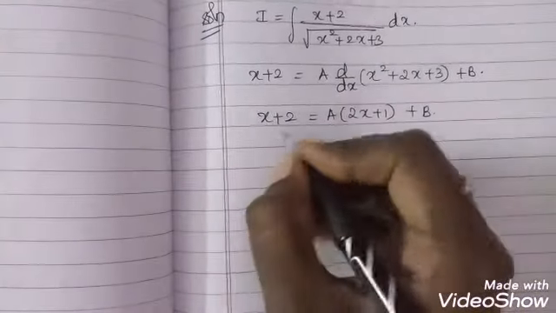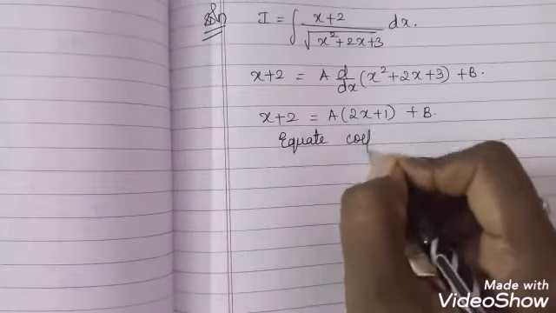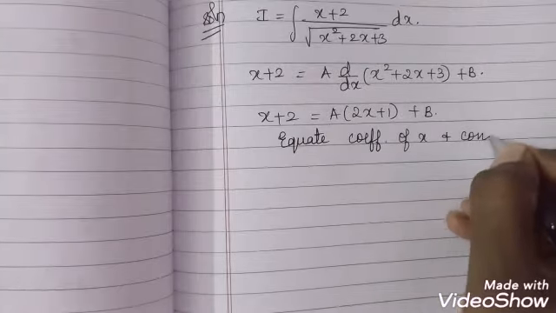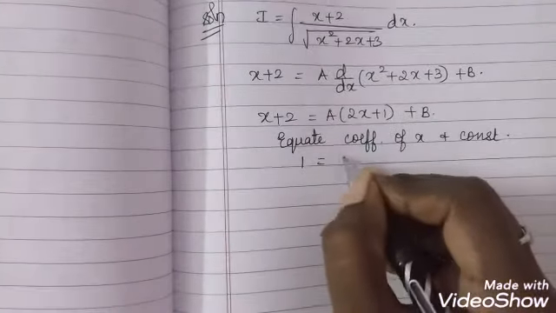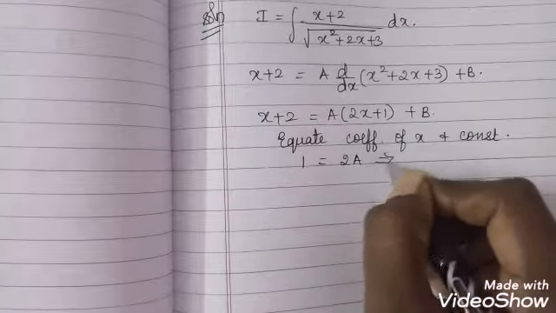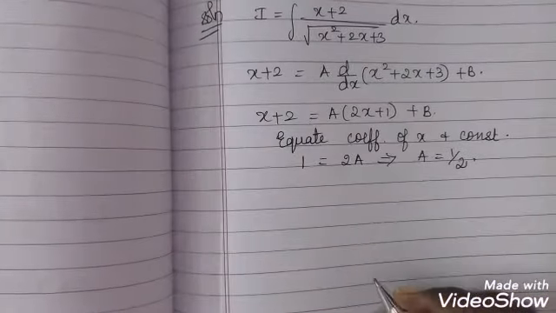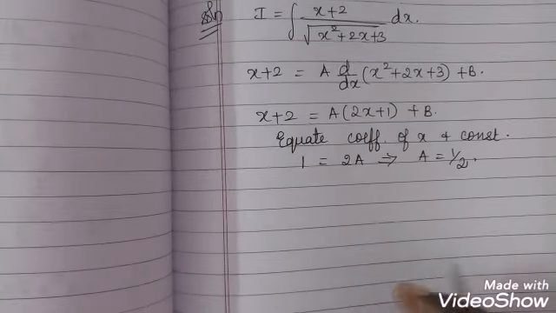Now we'll just equate the coefficient of x and the constant term. First we'll equate the coefficient of x. 1 is equal to 2a. So a is equal to 1 by 2.